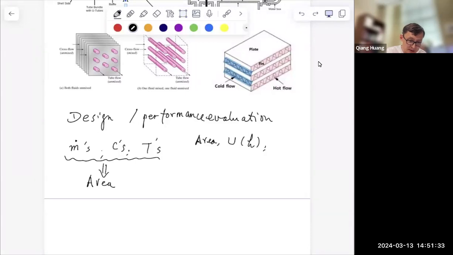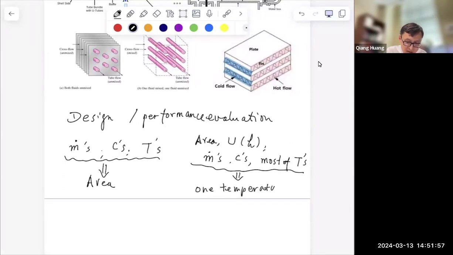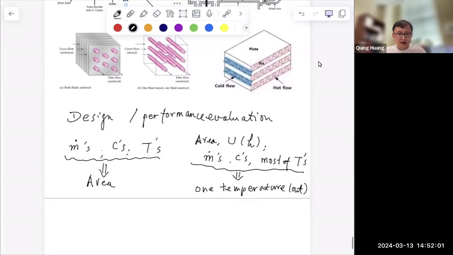In addition, we also have the mass flow rate and specific heat, and then we can calculate the additional temperature, most of the time the outlet temperature.